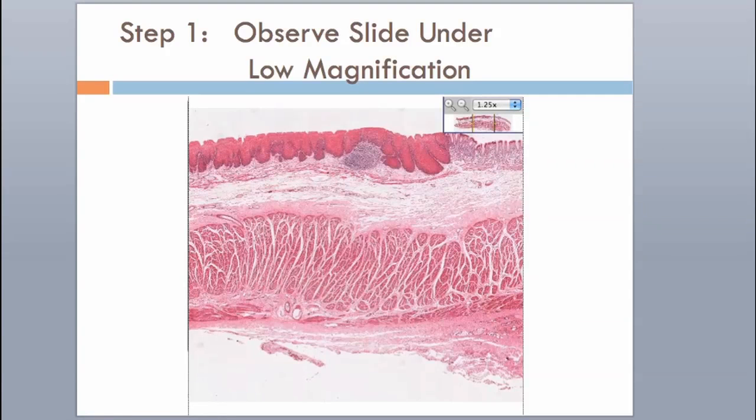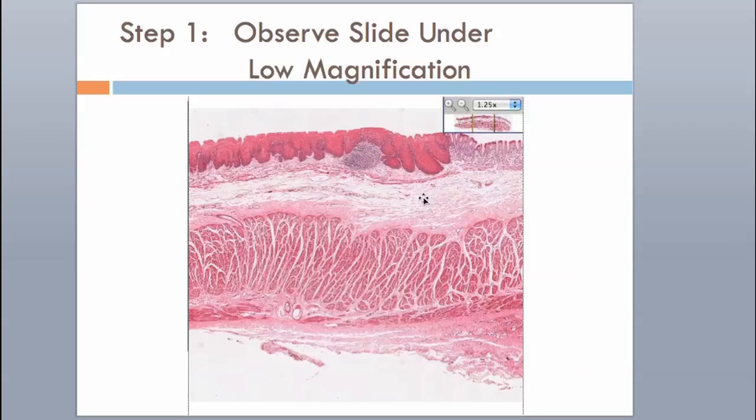Alright, so the first step is you're going to observe the slide under low magnification. This is so you can get a good overview of what the slide might be representing. Many times from lower magnifications, you're able to see enough details to get a good idea of what kind of tissue or organ you might be looking at. For instance, this slide is epithelium of some kind because you can detect the layers of cells at the top of the slide that are characteristic of epithelium.